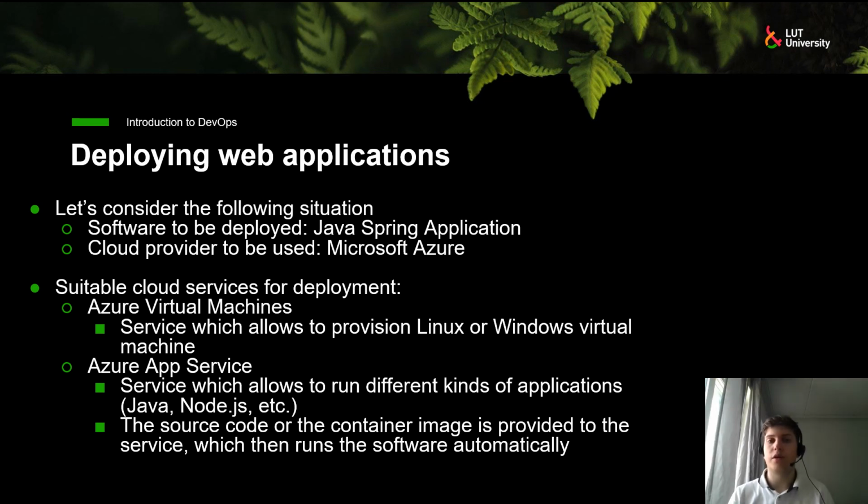So in the app service, you can select that you are going to deploy a Java software, and then you will provide the source code of the software to the app service, and then if nothing surprising happens, the app service is able to almost automatically deploy the software based on the source code.